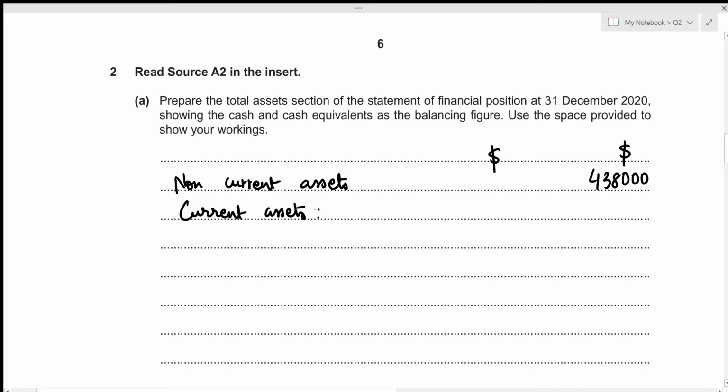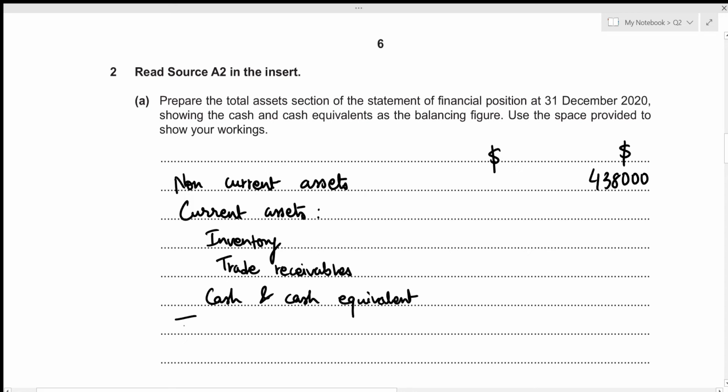And we were told that the current assets section only consists of three things. So the first one is inventory. The second one is trade receivables. And the third one is the cash and cash equivalent. And this will actually give our total assets.